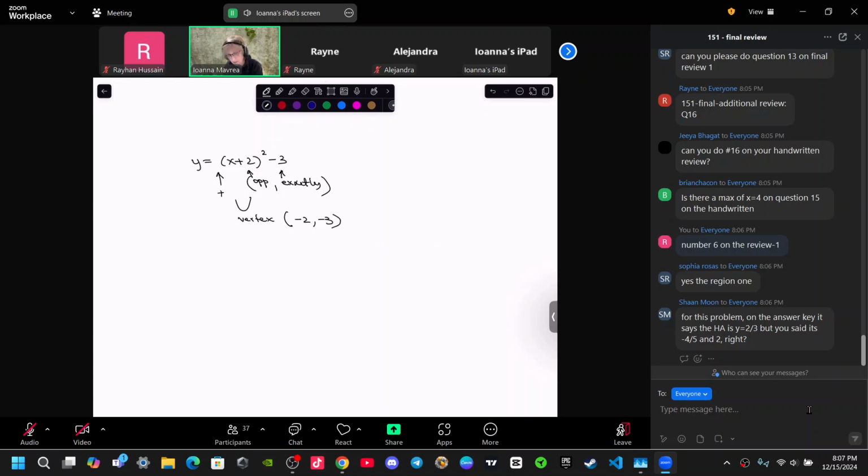And it goes up because this is positive. So this is a parabola that goes up with a vertex at -2, -3. Okay. And then you have this line. So this is the y-intercept. And it goes up because this has a positive slope. So the line goes like that, right?